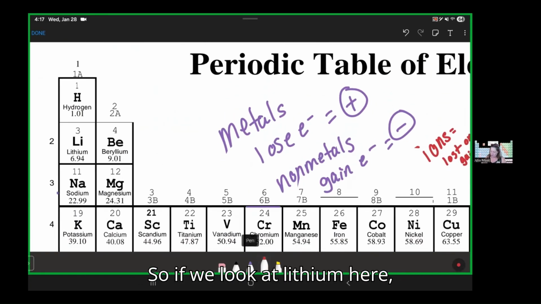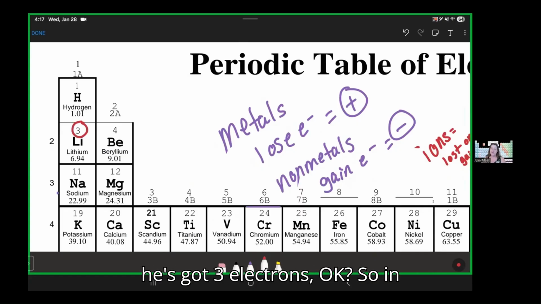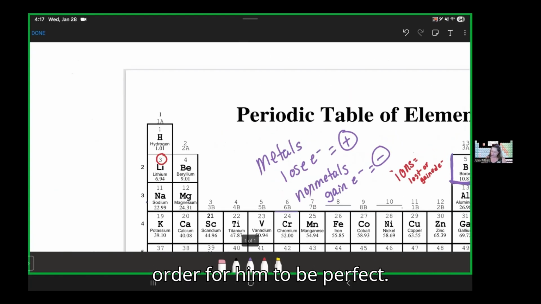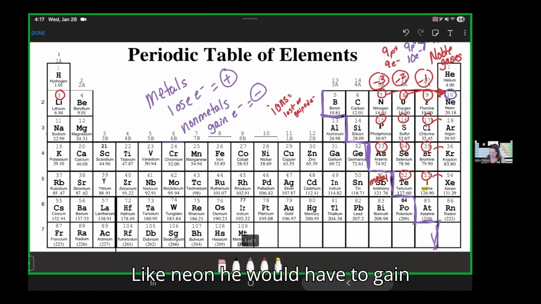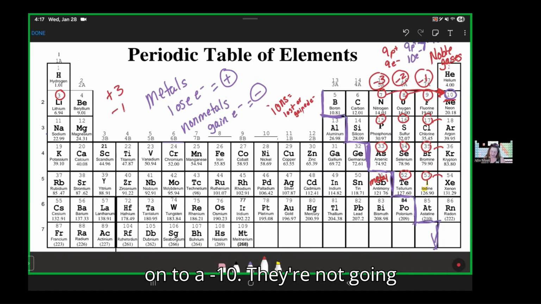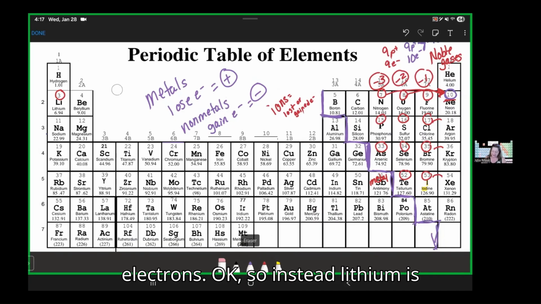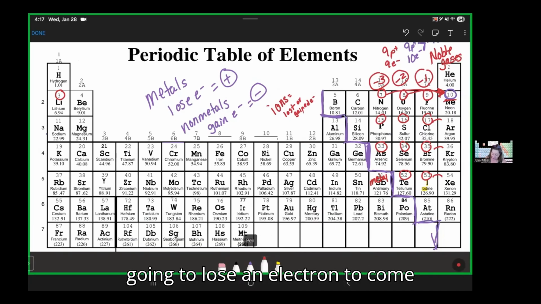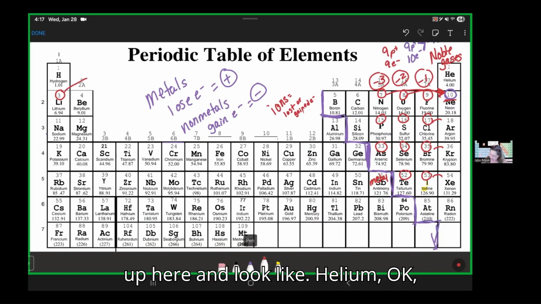Okay, so if we look at lithium here, he's got 3 electrons. Okay, so in order for him to be perfect, like neon, he would have to gain 7 electrons. Well, a positive 3 is never going to be able to hang on to a negative 10. They're not going to be able to attract that many electrons, okay? So instead, lithium is going to lose an electron to come up here and look like helium, okay?